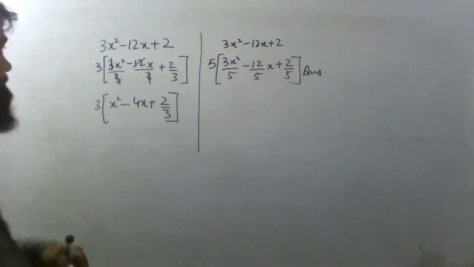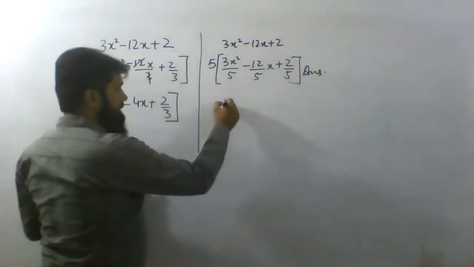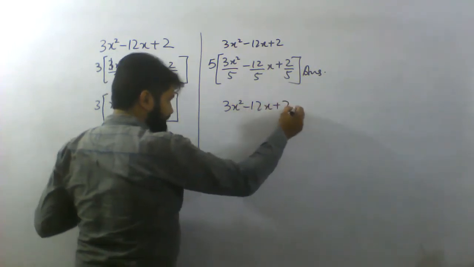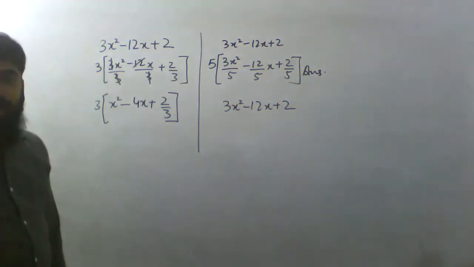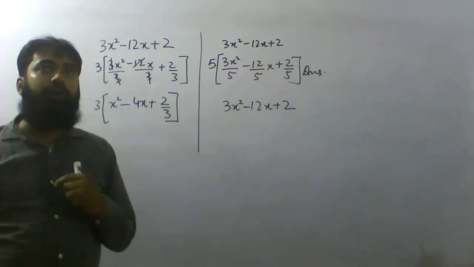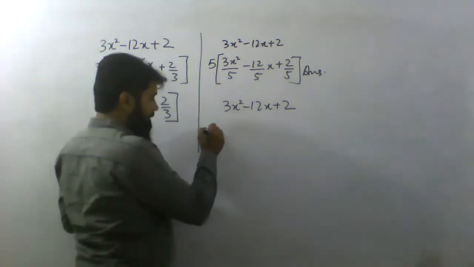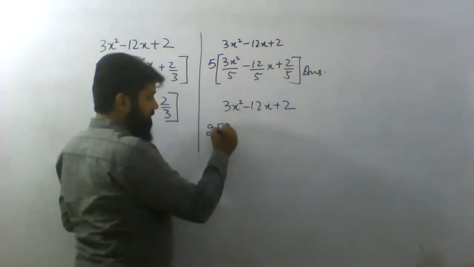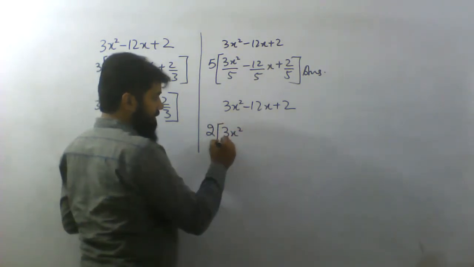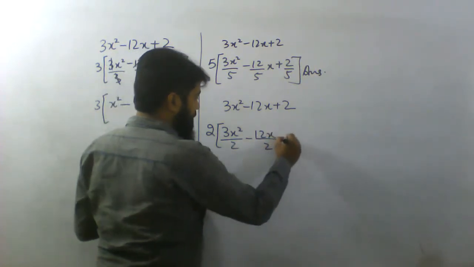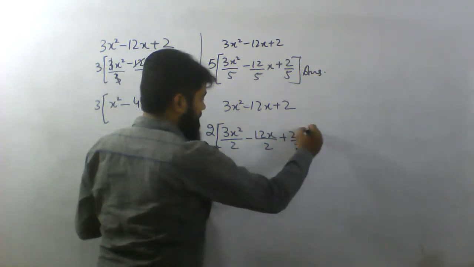For instance, 3x square minus 12x plus 2. I'm saying I want to have 2 common. So I have taken 2 common: 3x square upon 2 minus 12x upon 2 plus 2 upon 2.